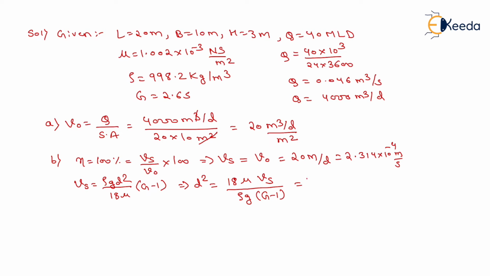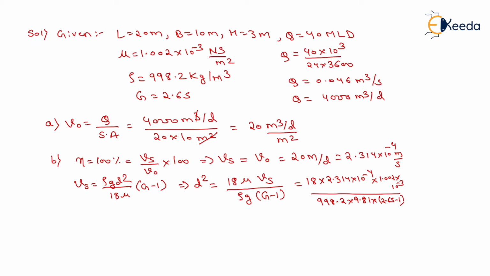If we put in all the values, that is 18 into 2.314 into 10 to the power minus 4 into the mu value, 1.002 into 10 to the power minus 3, divided by the rho value, 998.2 into 9.81 into 2.65 minus 1.